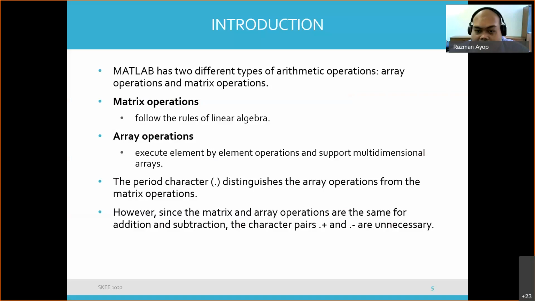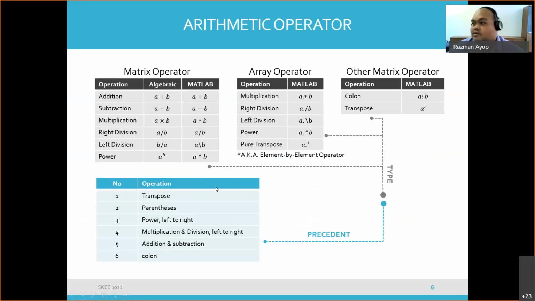Either you use the matrix you learned before, I forget which school you learned it in, and the array is basically the operation in MATLAB. How to distinguish them is just a dot. Let me show you this.